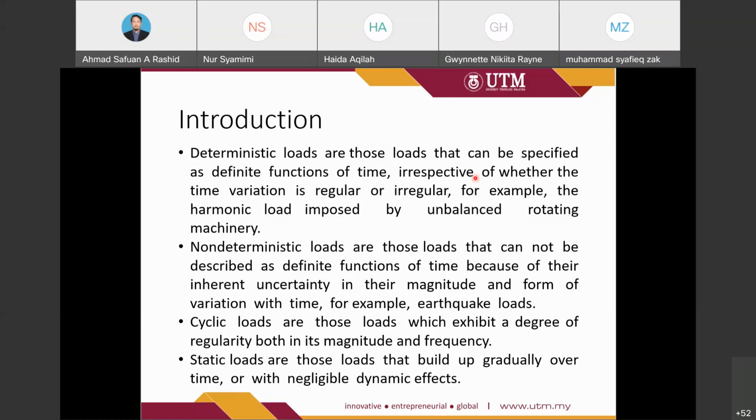Static loads are those loads that build up gradually over time, with negligible dynamic effect. Static load is a common load that stays at rest on the soil over time.